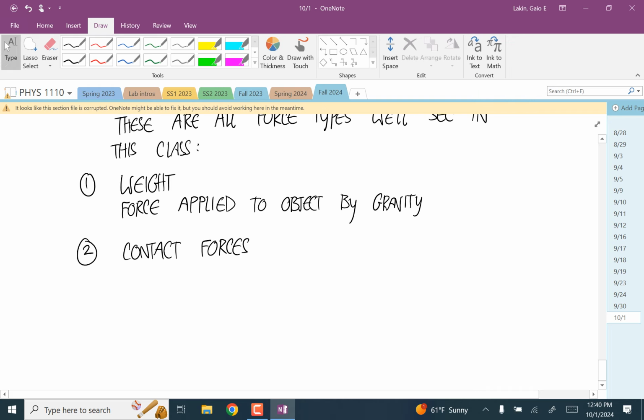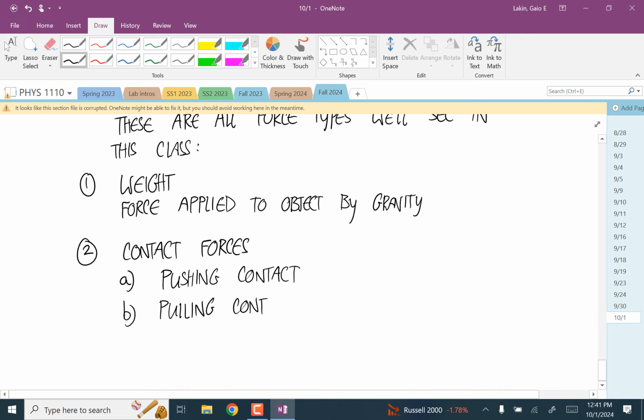And we're going to divide these contact forces up into 3 categories. I'm going to call it a pushing contact, a pulling contact, and in parentheses, I'm going to put cable here because whenever I talk about a pulling contact, it's in a case where you could replace whatever contact is happening with some kind of string or rope or cable.